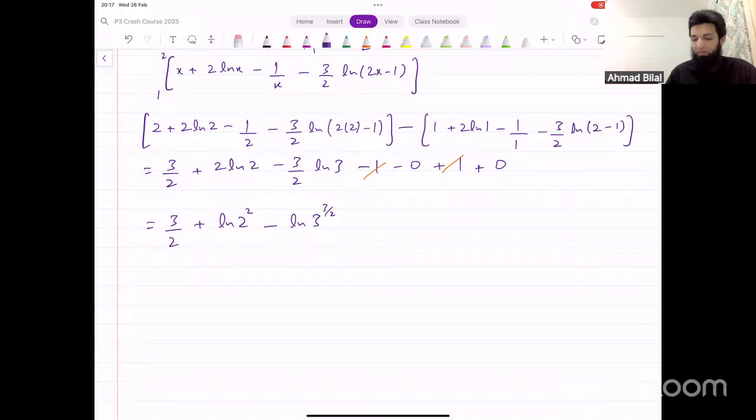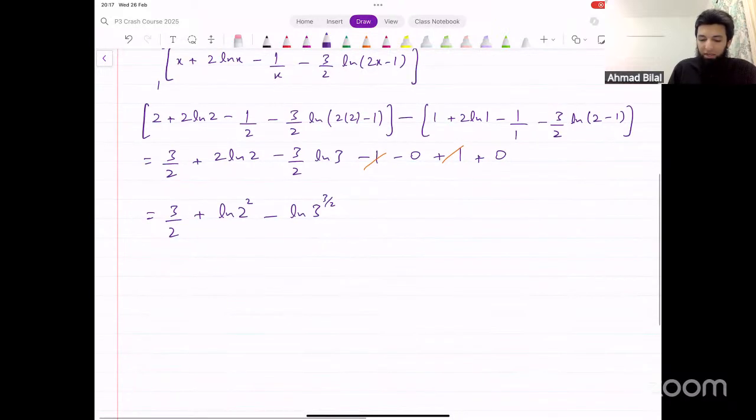Is that okay? Until this point, we want an exact answer. Remember, we can't convert this to decimals. Now that we have no numbers outside, we can use the division law to write this as 3 over 2 plus ln of 2 squared divided by 3 raised to a power 3 over 2.